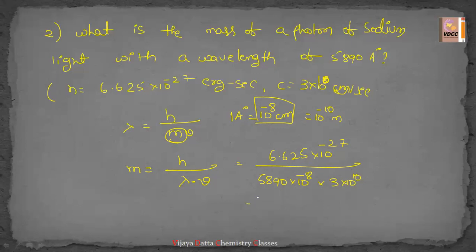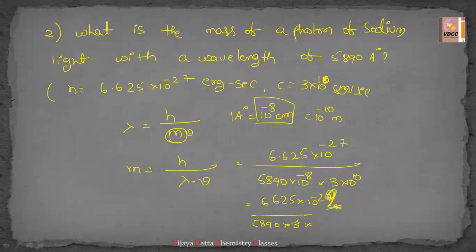If you calculate this, you will get the answer: 6.625 into 10 to the power of minus 27 by 5890 into 3 into 10 to the power of minus 8 into 10 to the power of 10, that is 10 square. If 10 square comes to the numerator, 10 to the power of minus 2, so obviously it becomes 10 to the power of minus 29.